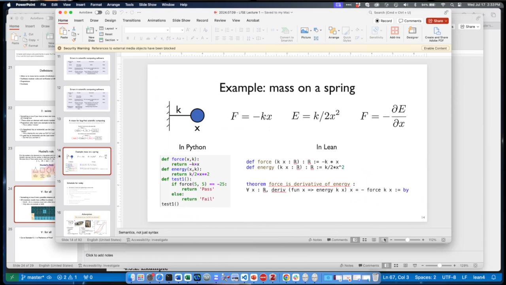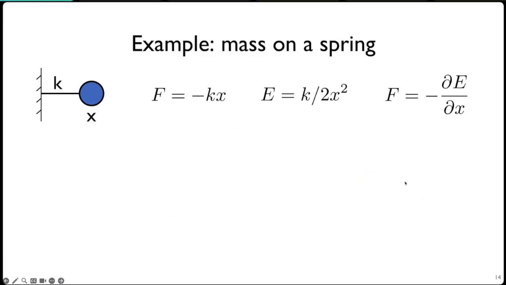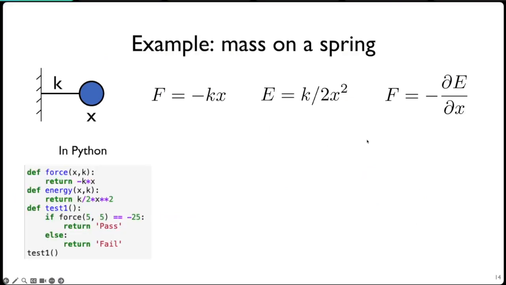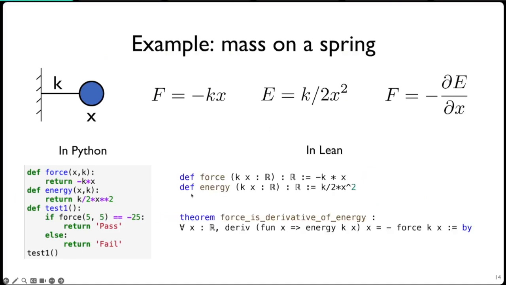Okay, this one uses a for all statement. If you recall, we were talking about harmonic motion. We have a force on a spring. We define a couple functions, and we define the derivative of this function. And if you were going to write a test in Python, you might check whether 5 gives you the right answer for force. But in Lean, you can be more fancy.